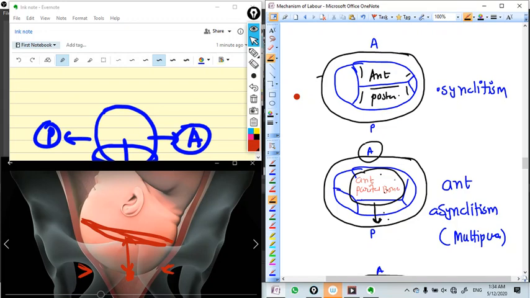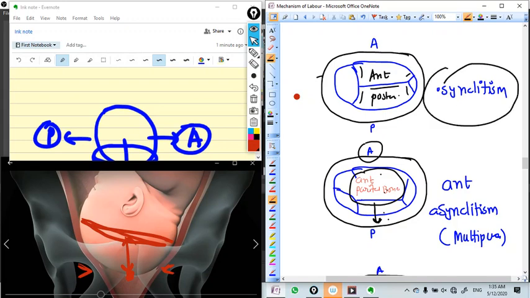So you need to understand very easily that if the head is tilted toward the anterior, then the anterior parietal bone will occupy the presenting part more, and the sagittal suture is lagged towards the posterior border of the pelvic inlet, towards the sacral promontory. So this asynclitism is called anterior asynclitism.